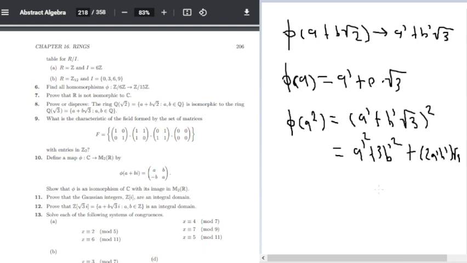Phi of a times a, phi of a squared, would be equal to that expression there. I'll probably have to use something distributive here. Let me think.